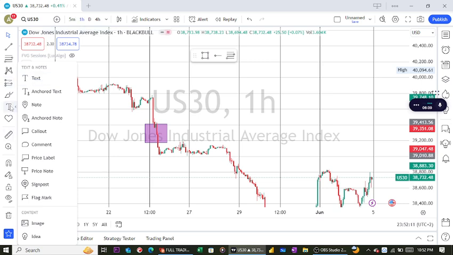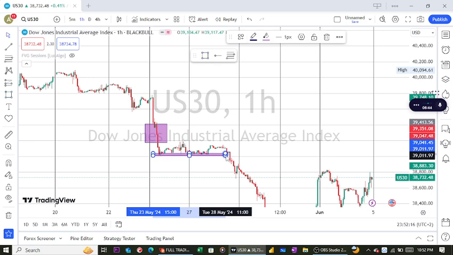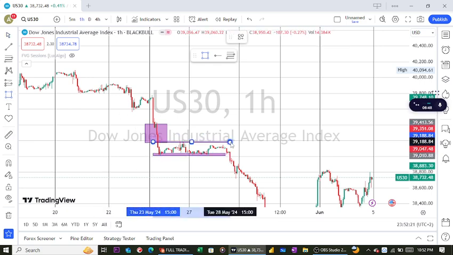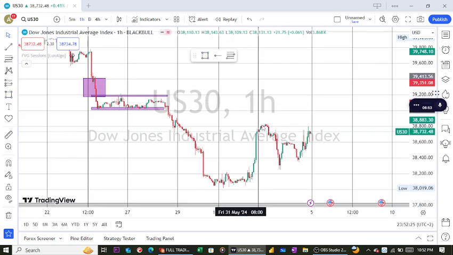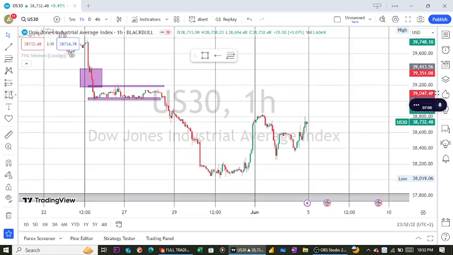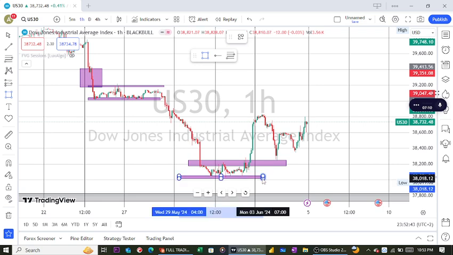So I want to draw out something so I can show you. That's a support, this is a resistance. So that's how it is. Now we have this is a resistance, this is a support, this is a resistance, and so that's how it goes.